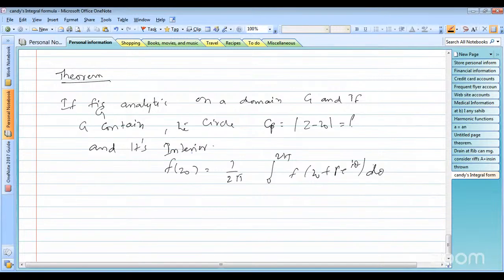That is, the value of f at z naught equals the average of its values on the circle C rho with center z naught.